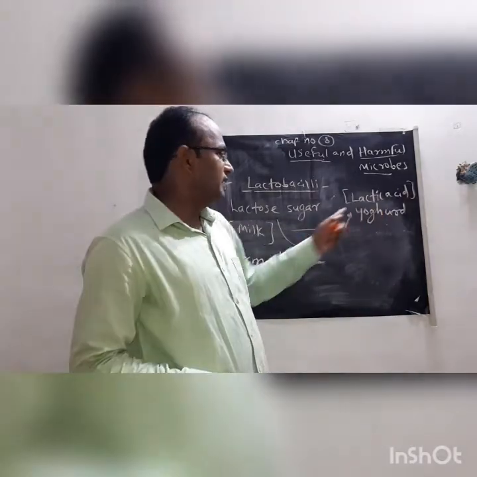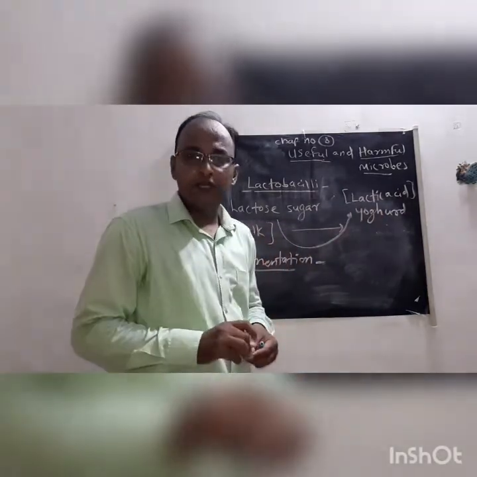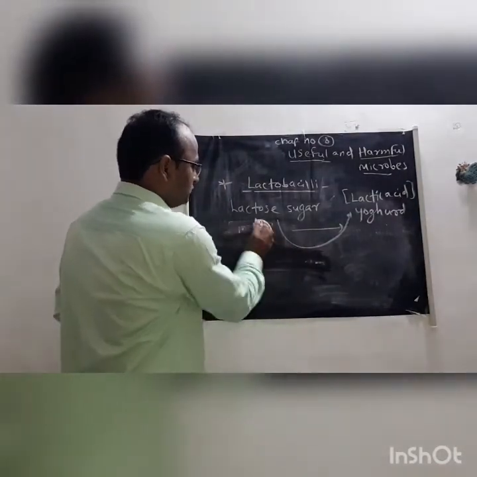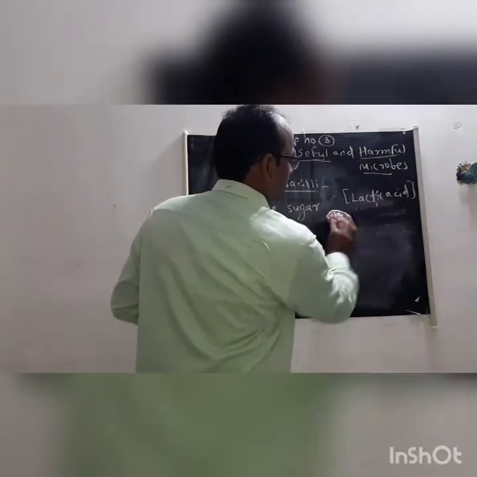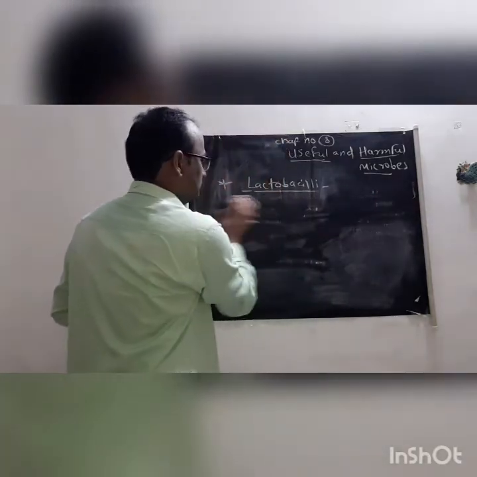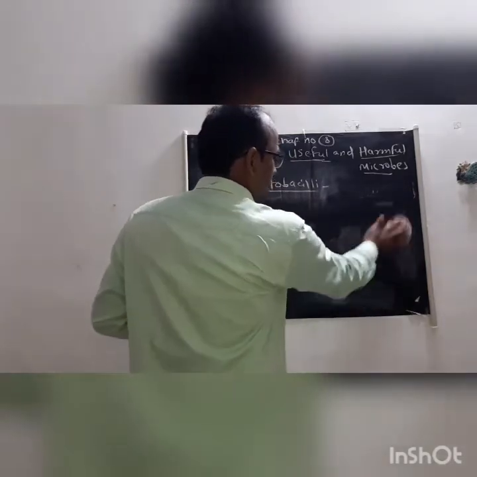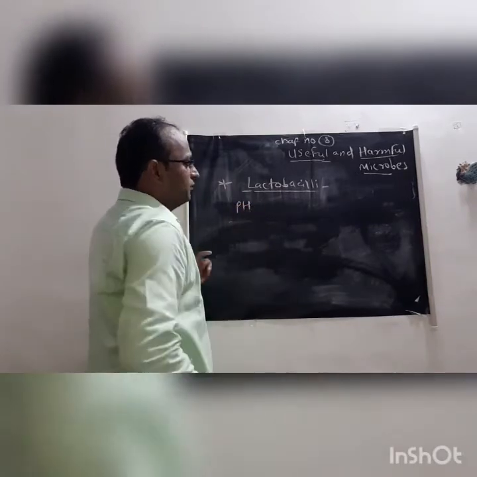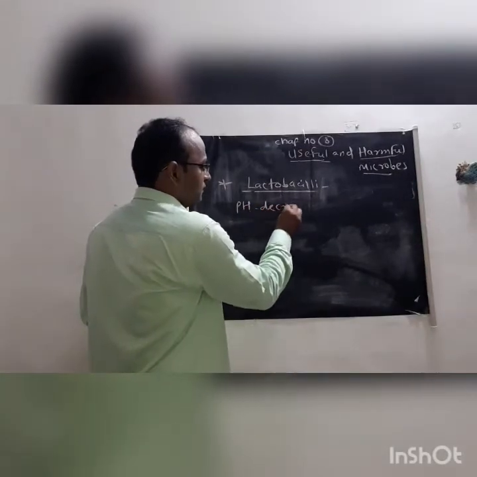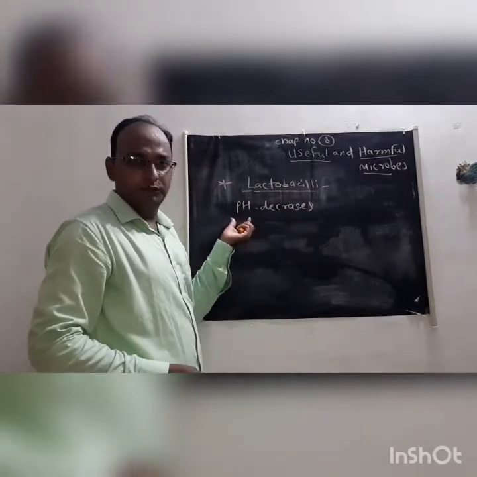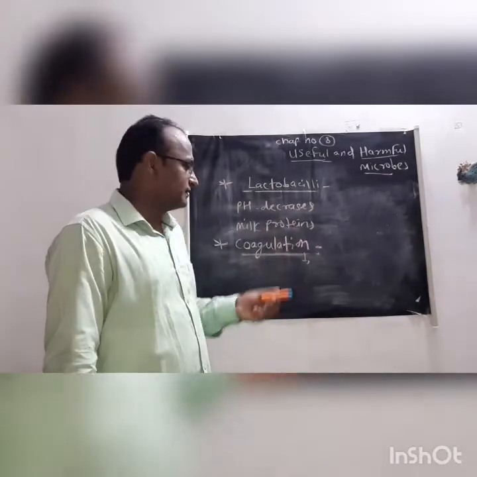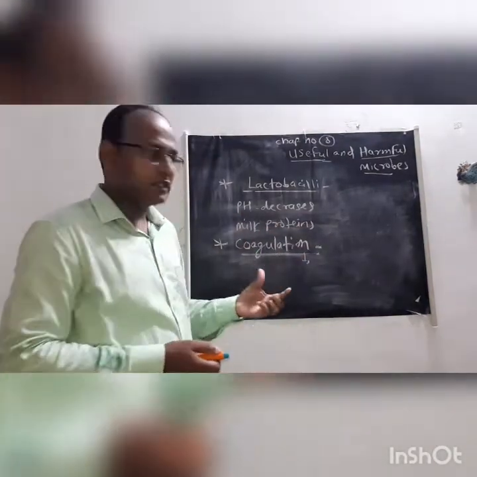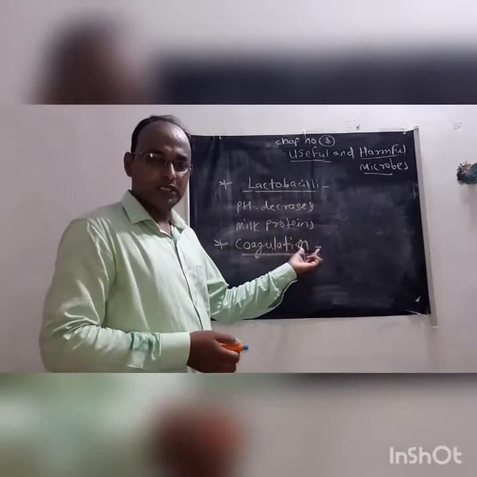When this lactic acid gets formed in milk, what happens? The pH value of the milk decreases. Due to lactic acid, the pH value of the milk decreases, and due to this the milk protein gets coagulated, and this process is called the coagulation process.